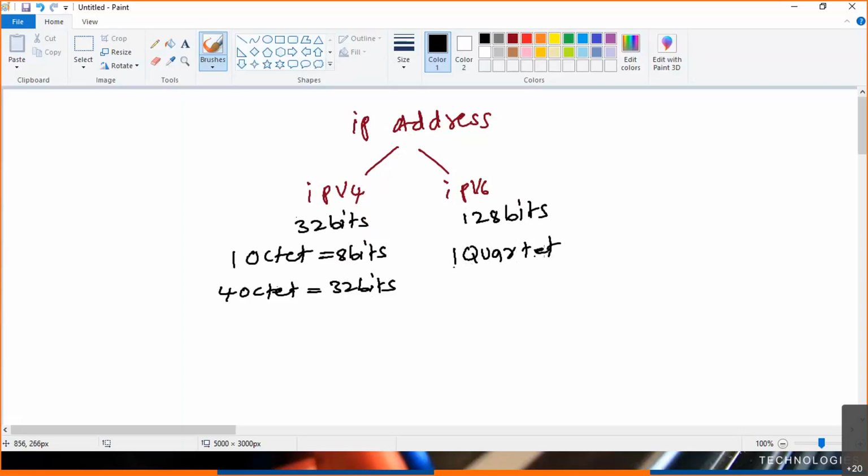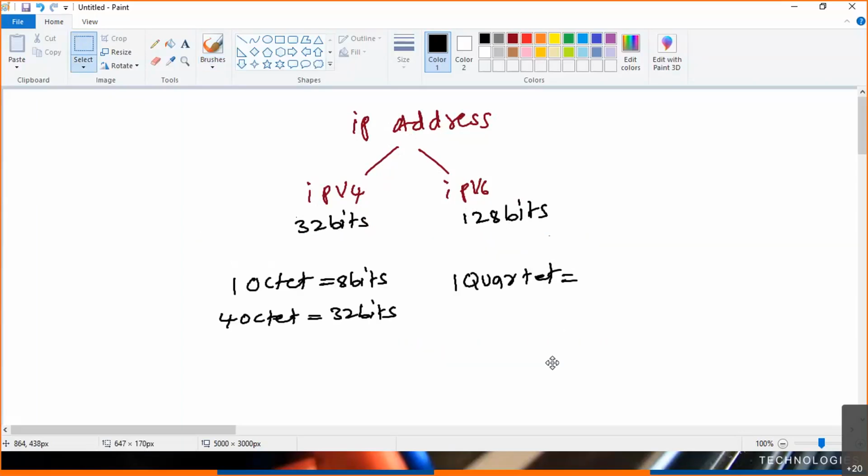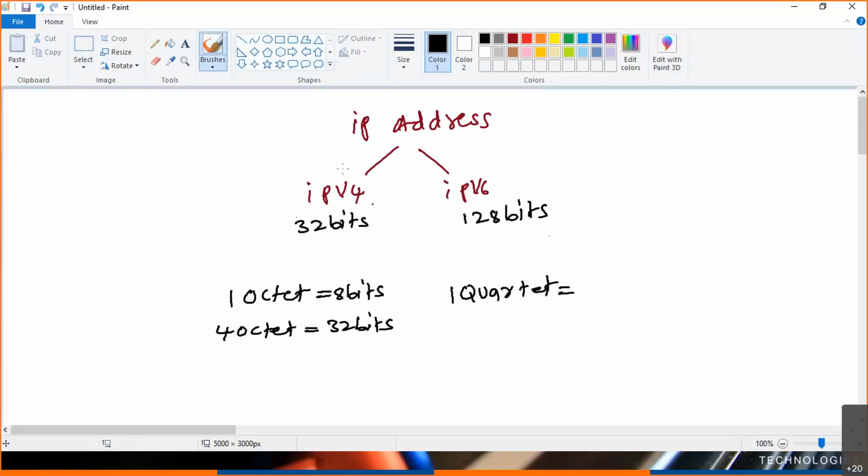IPv4 is in decimal format; yesterday we saw how to convert from binary to decimal. IPv6 is in hexadecimal format. That is why IPv4 is called dotted decimal notation.